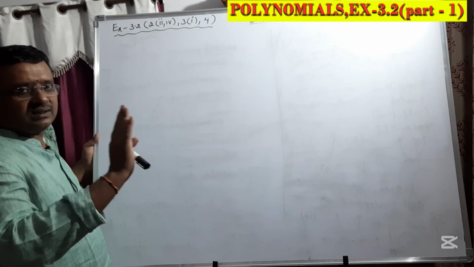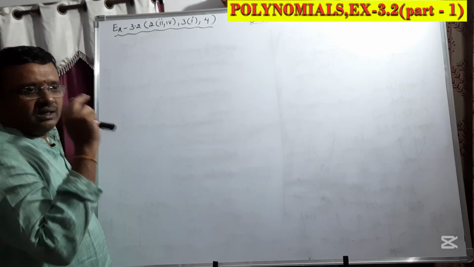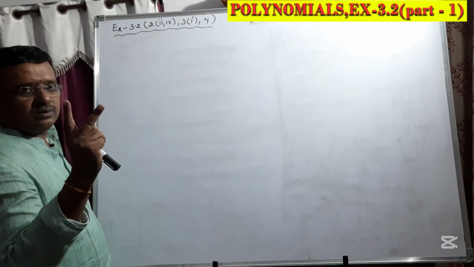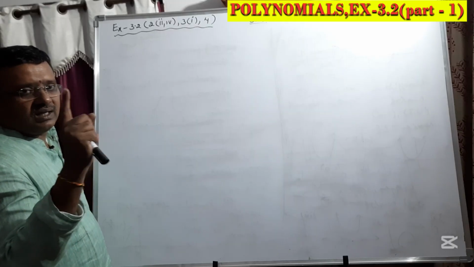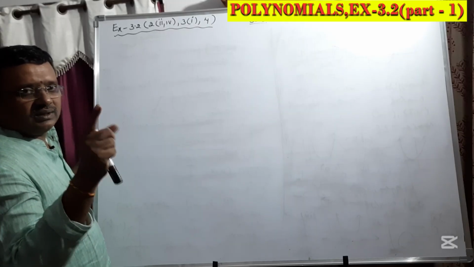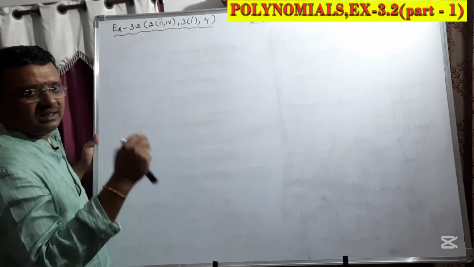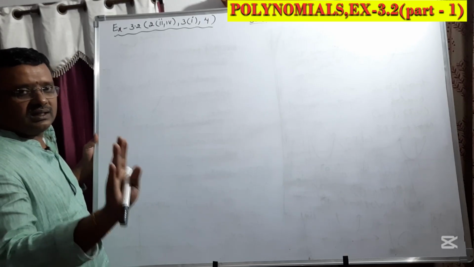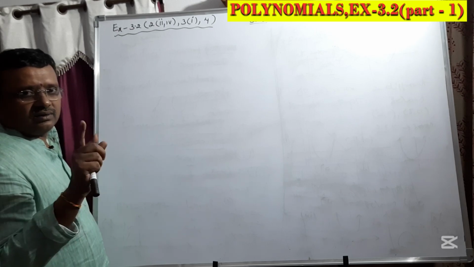The y-axis is unnecessary for us, the y-axis intersecting point is not countable. If the curve is intersecting the x-axis 2 times, 2 zeros will be there. If it is touching the x-axis at 1 point, it has 1 zero. If the curve is not touching or intersecting the x-axis, moving away from it, no real zeros will be there. That is very simple and important for bits. They will ask you.